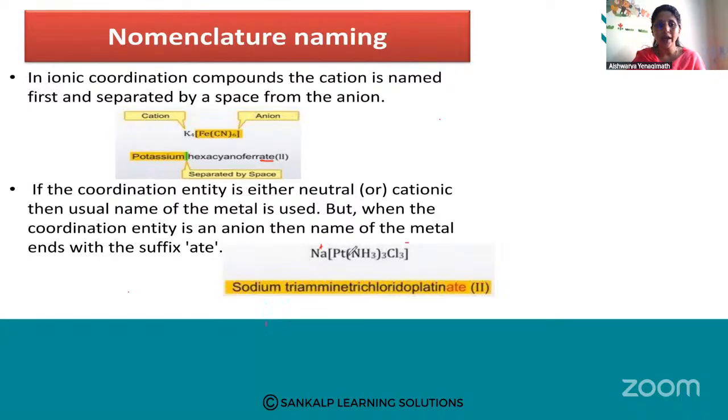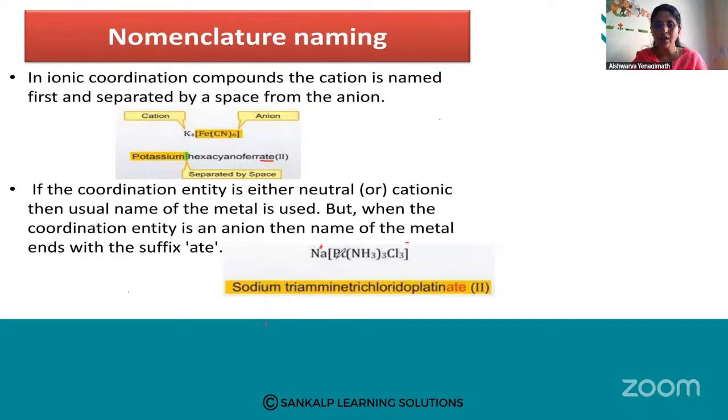So if the complex were a cation, you would write it as platinum only. If it were a cation complex you would have read it as iron. But here it is an anion. In that case, the suffix of the metal atom, you will write it as ATE.